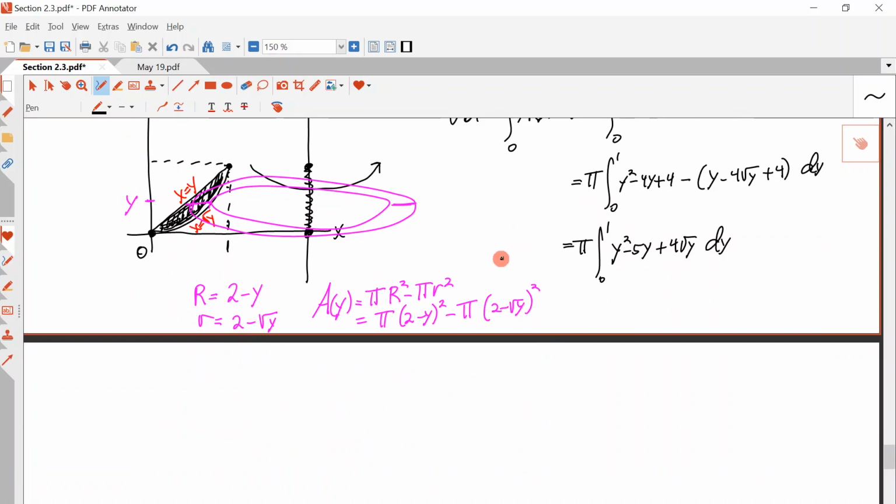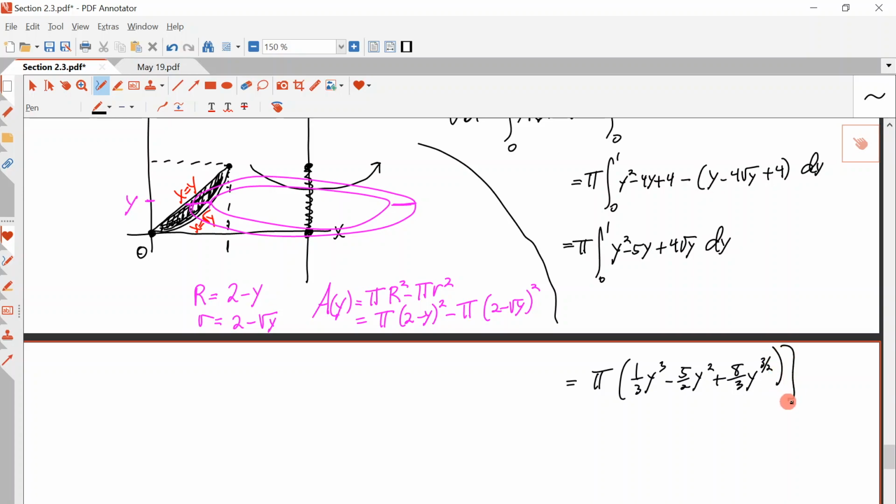So that is the integral, well, the antiderivative of that is 1/3 y to the third minus 5 halves y squared. The square root of y is y to the 1/2, so it's 4 times 2/3, so it's 8/3 y to the 3/2, calculated from 0 to 1.